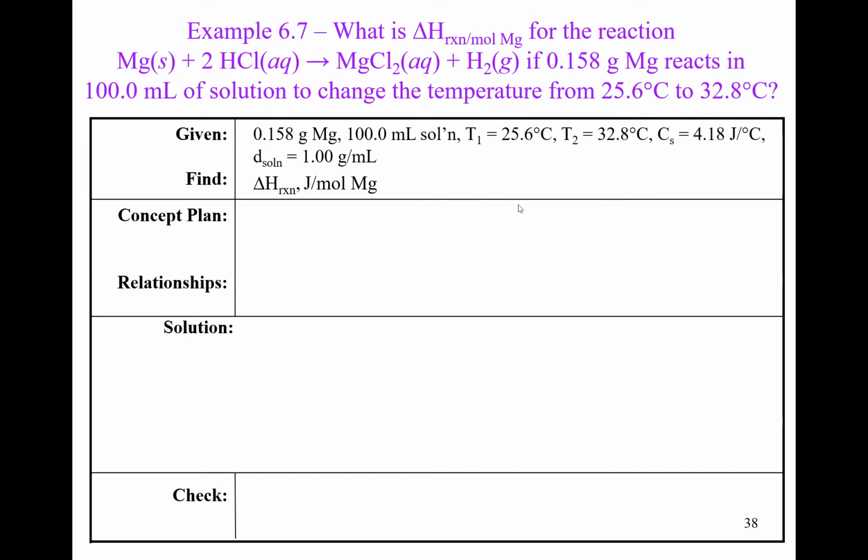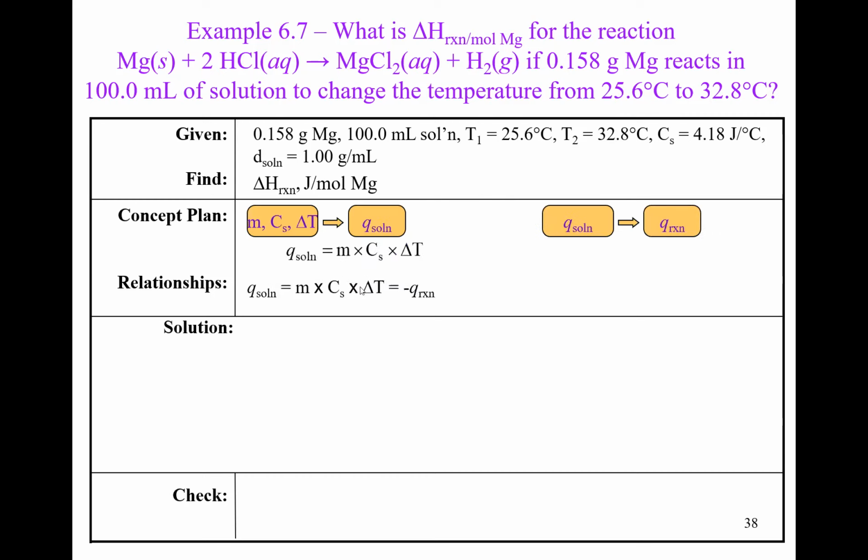And there's then our temperature change. So we plug and chug our mCΔT equation, and the heat that the solution, the water, changes by is going to be directly the heat from the reaction. All right, our temperature increased, so that means that the heat came off the reaction and heated up the water. So inherently, we already know the sign should be negative at the end.